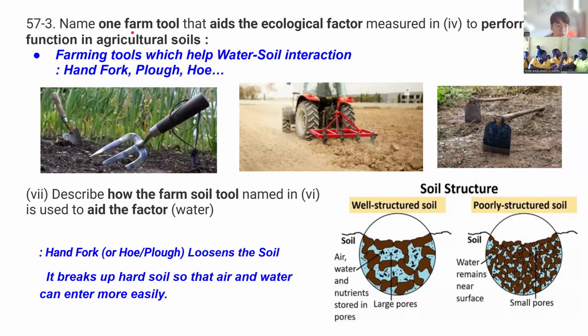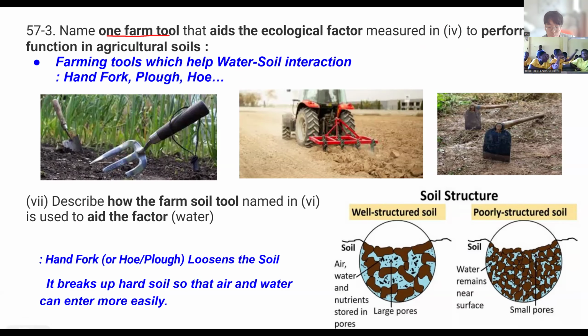So it says to name one farm tool that aids the ecological factor measured in four to perform its function in agricultural soils. You can pick any farm tool that we've learned so far, but you can pick other ones as well.